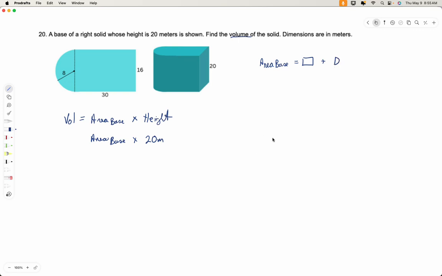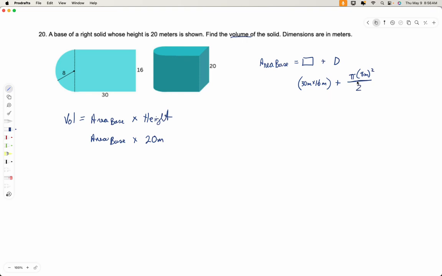The area of the rectangle is 30 meters by 16 meters. And the area of the half circle is pi r squared divided by 2 because it's half of a circle. And the radius is 8 meters. So I can substitute that in, 8 meters squared. We're going to add those two together.